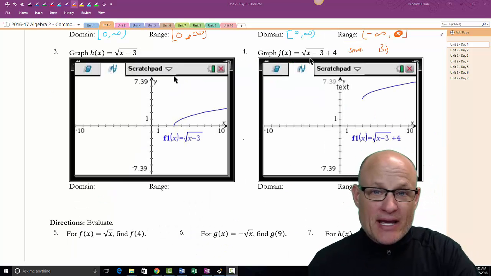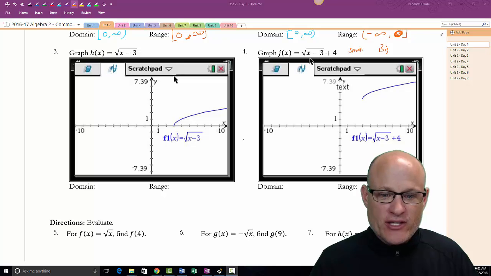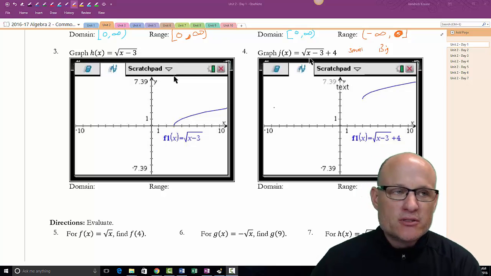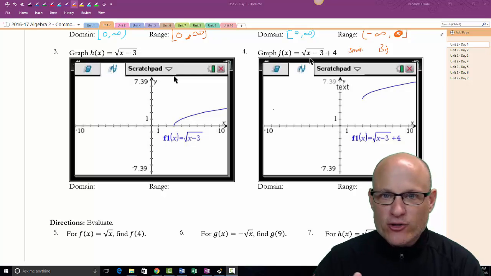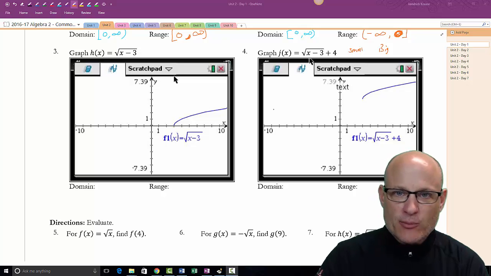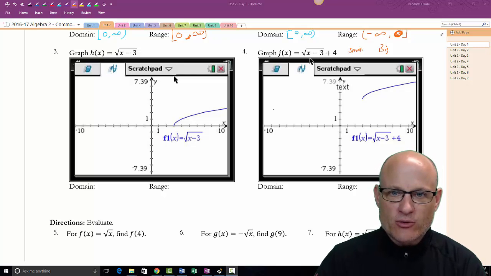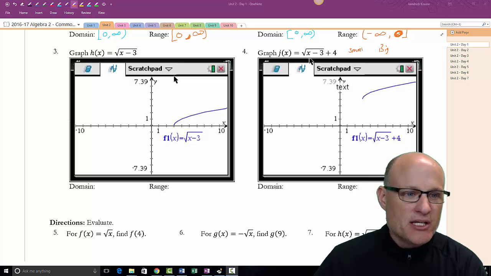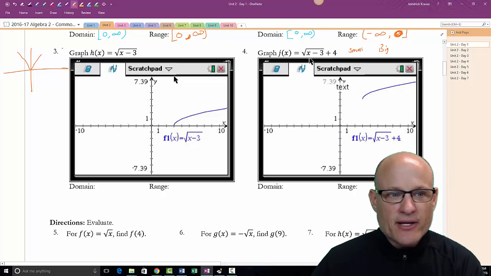All right, now I told you back when we did the absolute value functions that we're going to start generating some transformation ideas that are going to be the same whether you're dealing with an absolute value, a parabola, a radical, or a cube root. It's going to be pretty much the same. If you remember correctly, all absolute value functions go through the origin until you make a transformation on it. So this is the absolute value of x.